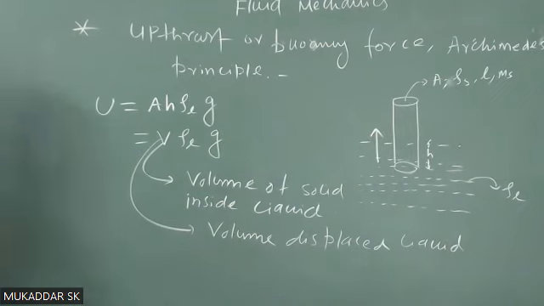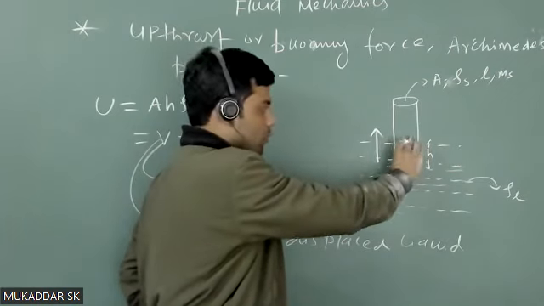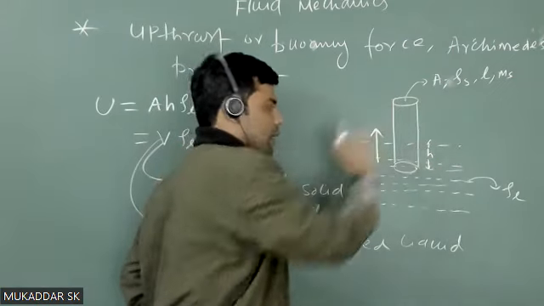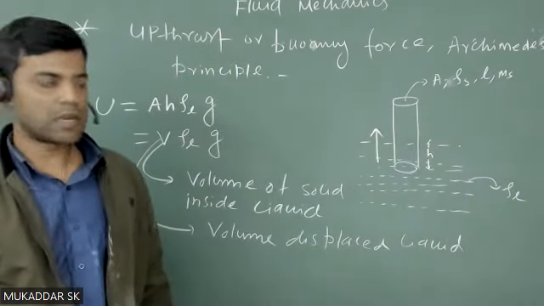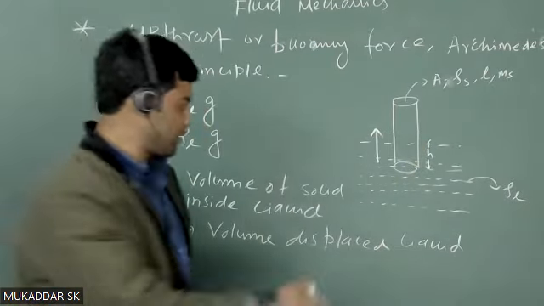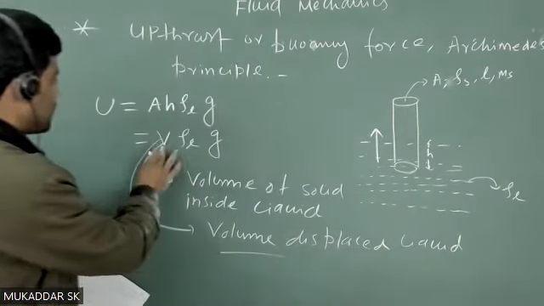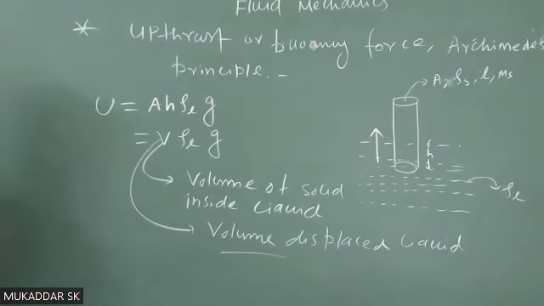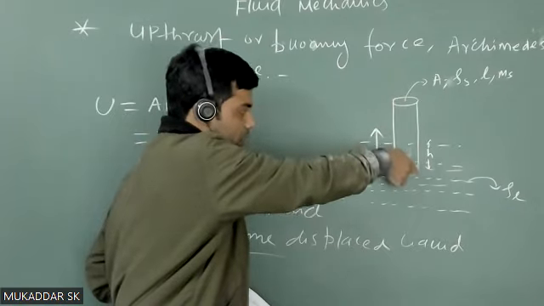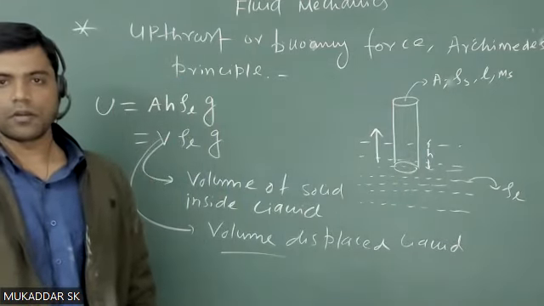So it's obvious. The volume of solid inside liquid is A into the length submerged inside the liquid. When it occupies this much volume, of course, the solid displaces that much volume of liquid, that will be V, right? So what I'm trying to say is, when V amount of volume of the solid comes inside the liquid, obviously it will displace that much volume of liquid.